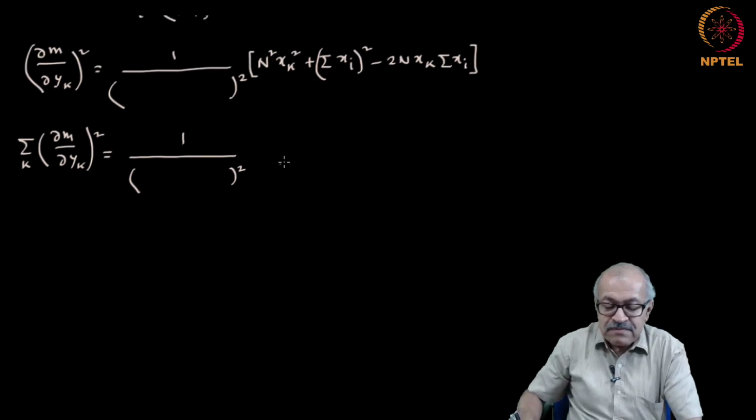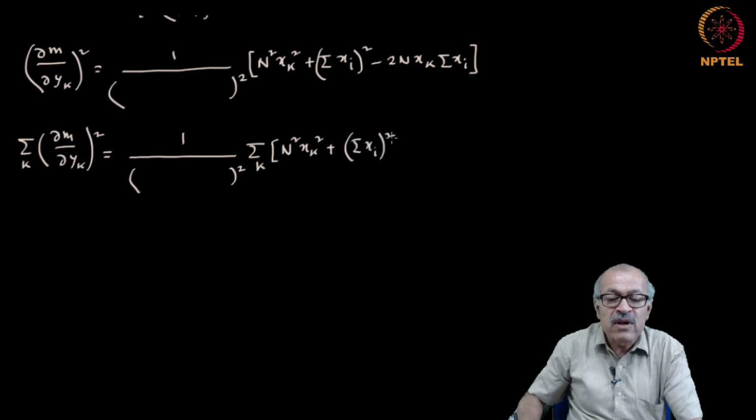And here we have the sum over k of this term. Let me write n square x k square plus sum over xi, whole square, minus twice n x k sum over xi.